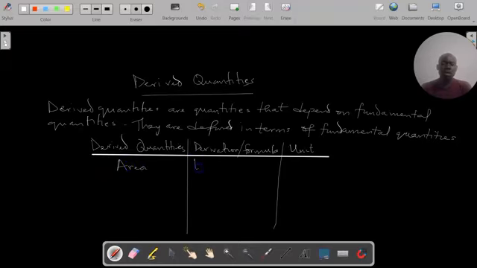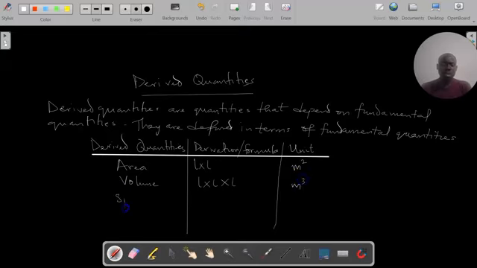Area is length times length, like the area of a square. The unit of length is meter, so meter multiplied by meter gives meter squared. Then volume is length times length times length, so that will be meter cubed.